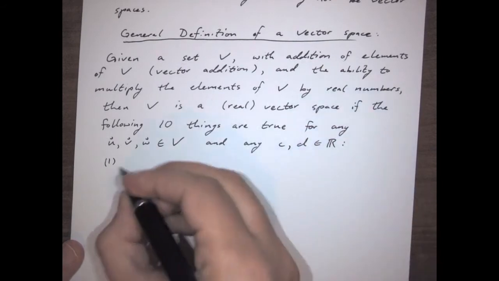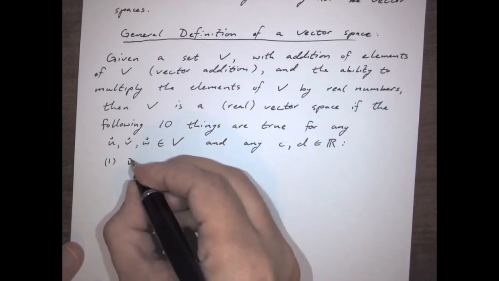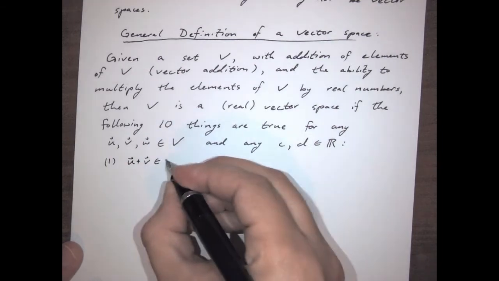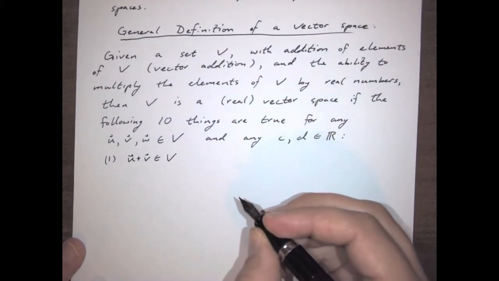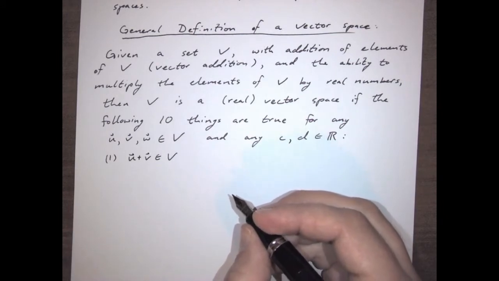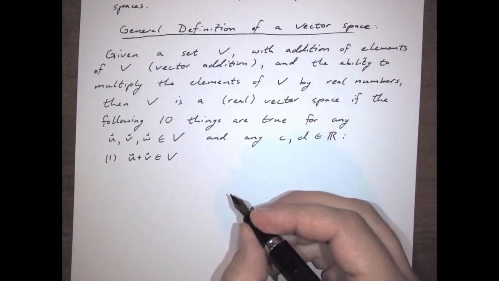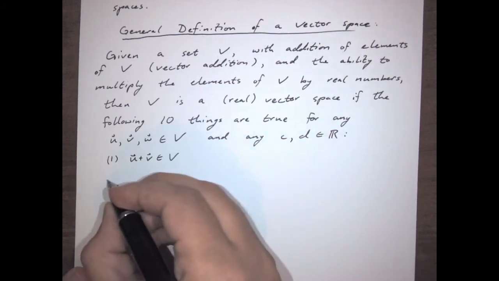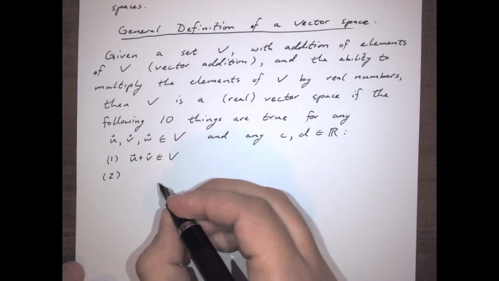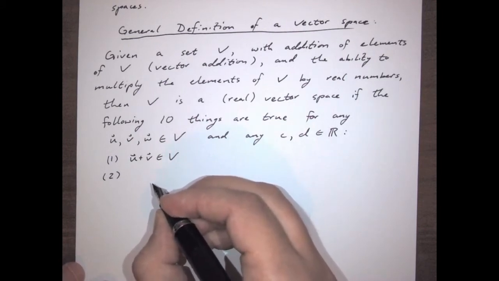So first off, u plus v has to be an element of V. So this addition cannot take you out of the set. So maybe our set is something like polynomials. If you add two polynomials, are those still polynomials? Yes, they are. Also, vector addition has to be like regular addition in that it has to be commutative.